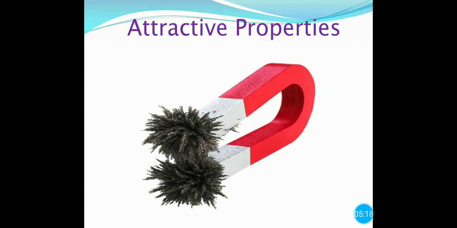It means if we place a magnet near iron filings or ferromagnetic materials, most of the iron filings cling or attach to the ends of the magnet, that is on the poles, and not elsewhere. The reason is that on the poles the magnetic field is very strong in comparison to other surfaces of the magnet.